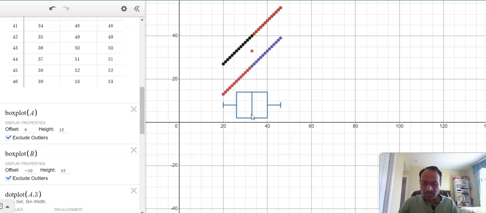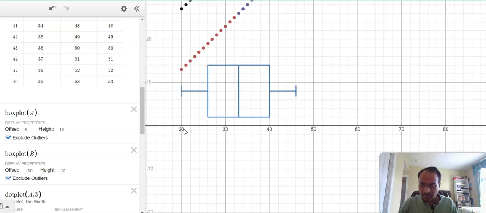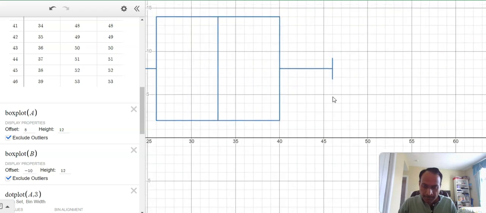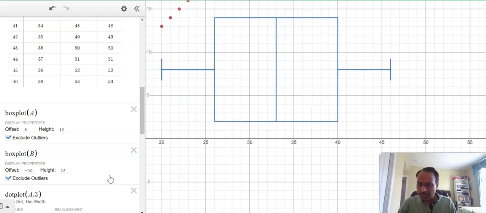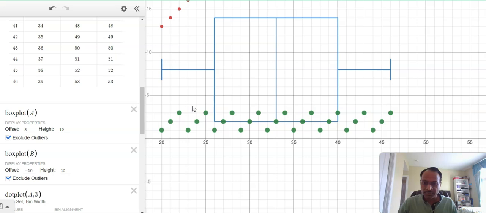When you see the box plot, we can recheck the numbers, and now we see the position of the numbers on the box plot. In this box plot A, every point is showing its position.